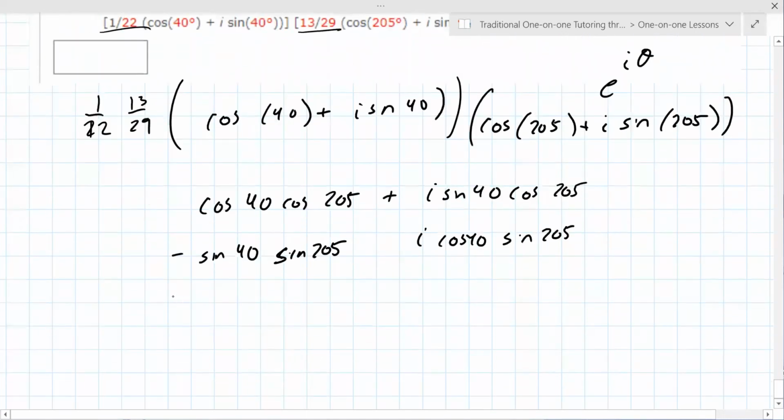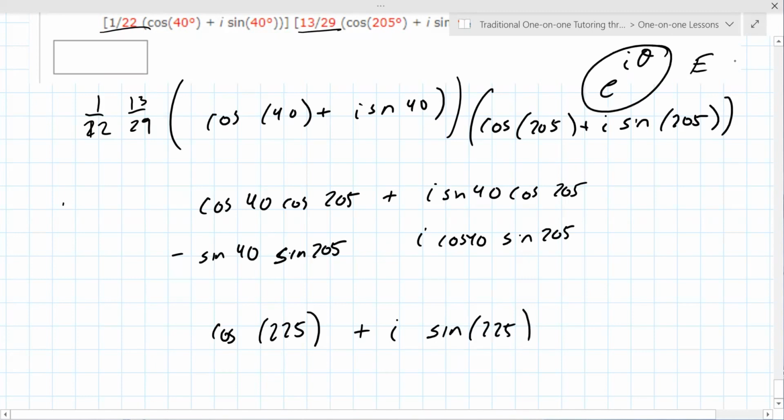So these are sum and difference formulas. The first one, cosine cosine minus sine sine, is cosine of 40 plus 205, so it's 225, plus i. Sine cosine sine is sine. We're adding this time, so it's also sine.